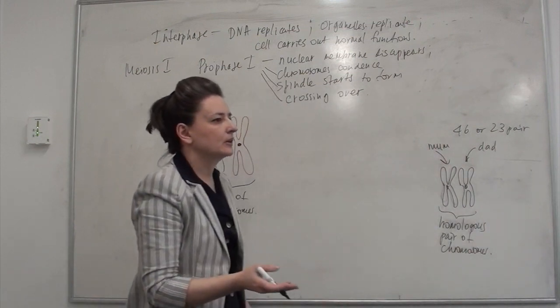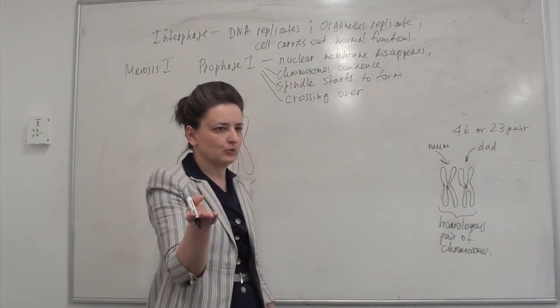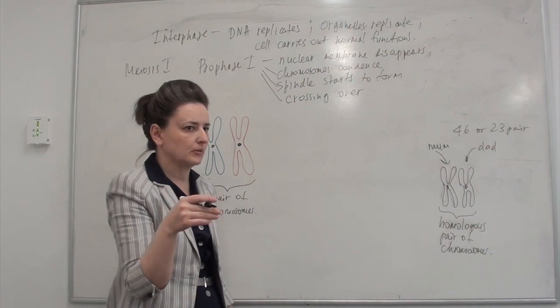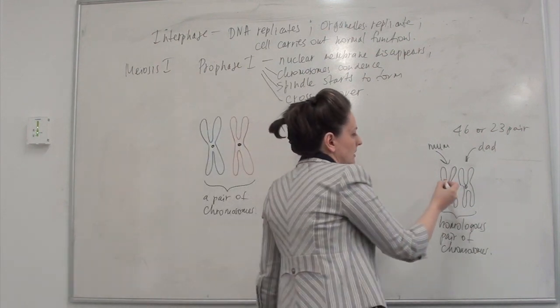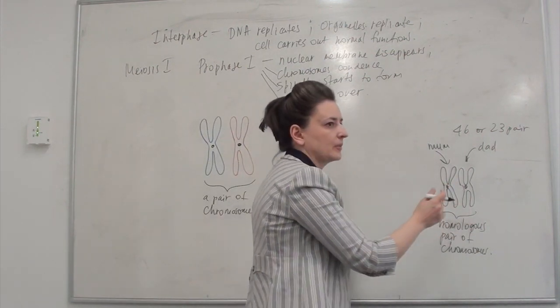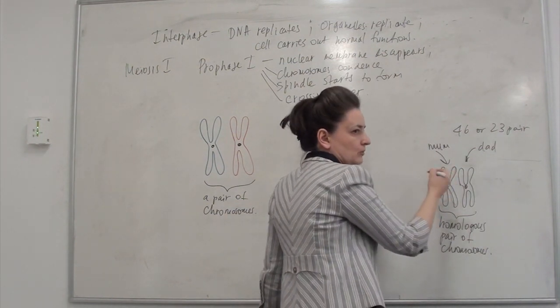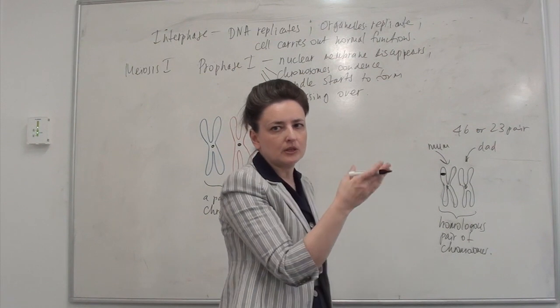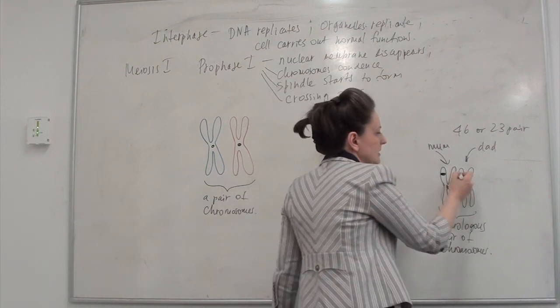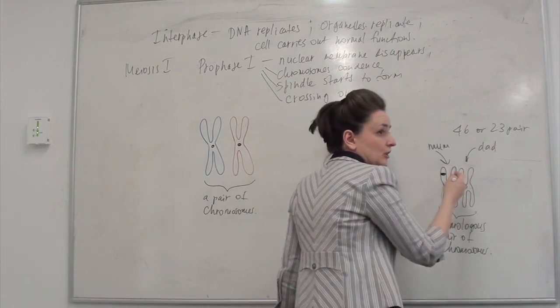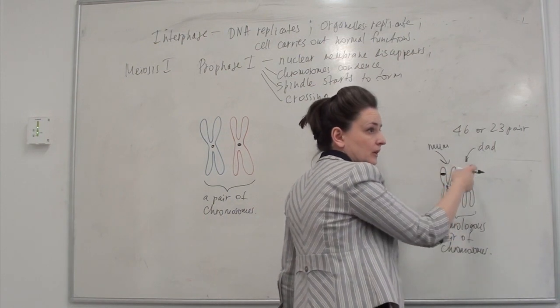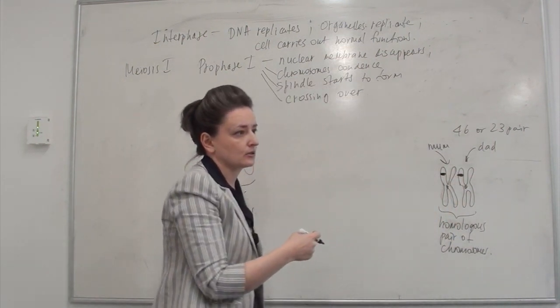Why are they in a pair? Because, and again, this is something which was covered in that introduction to meiosis lecture, they are grouped in a pair because whatever feature is being coded by one chromosome, which came from your mom, let's say your ear shape, the same feature, ear shape, also would be in the same place on your dad's chromosome.